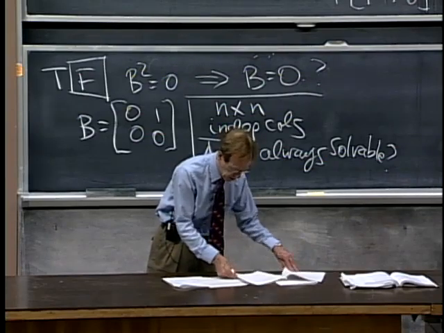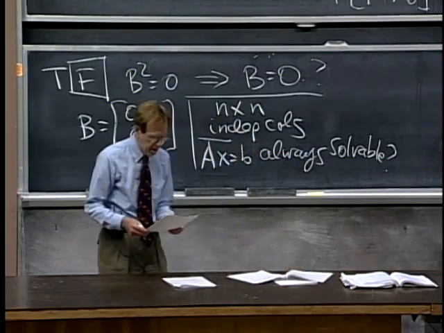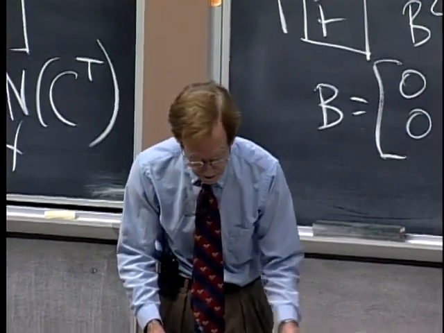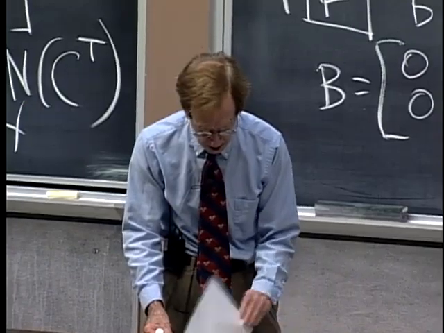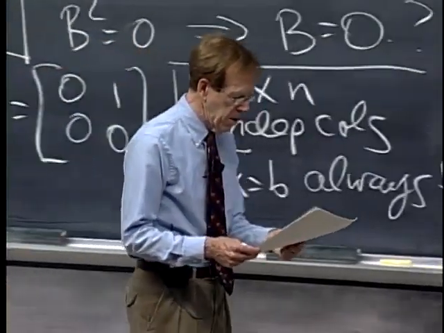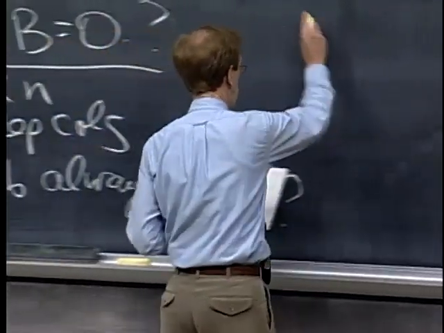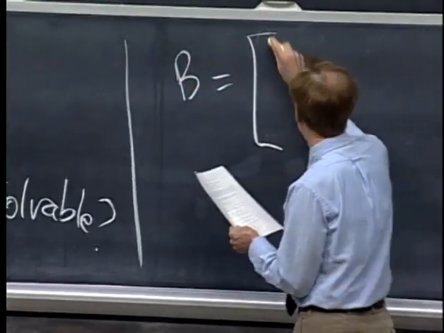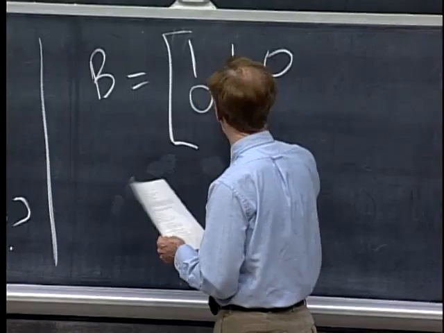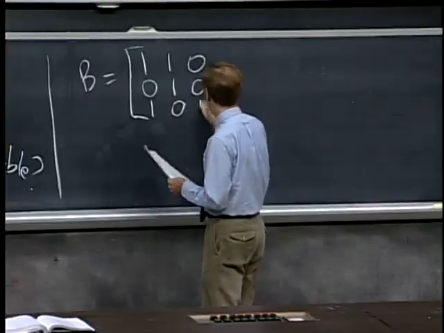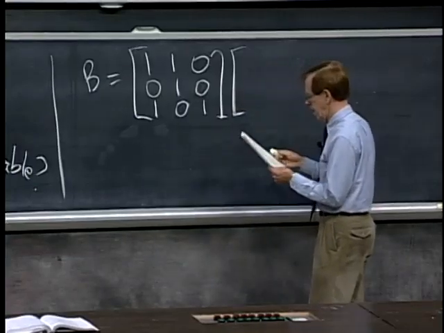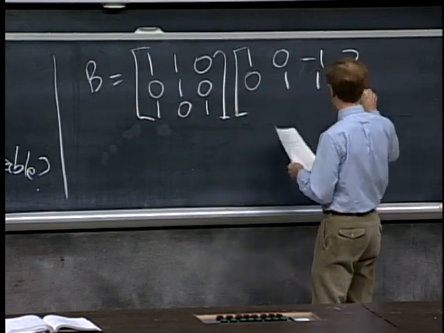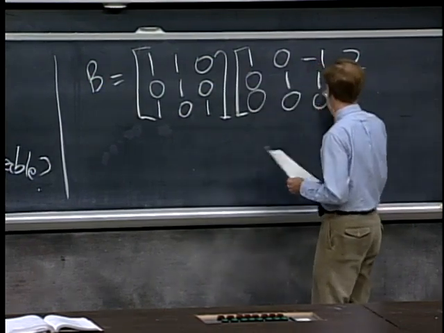Let me move on to another question from an old quiz. I'm going to give you a matrix, but I'm going to give it to you as a product of a couple of matrices. 1, 1, 0, 0, 1, 0, 1, 0, 1, times another matrix, 1, 0, minus 1, 2, 0, 1, 1, minus 1, and all zeros.